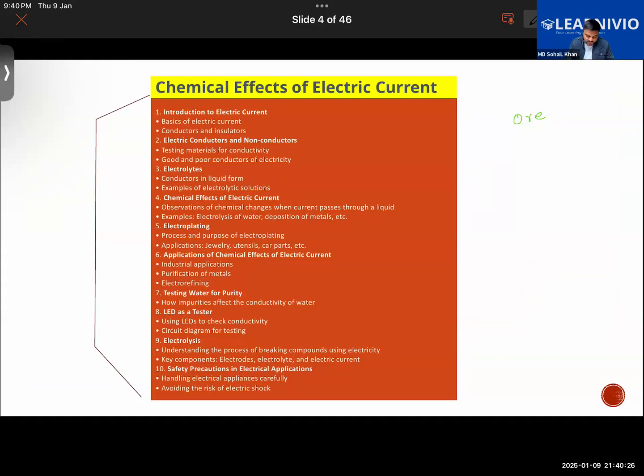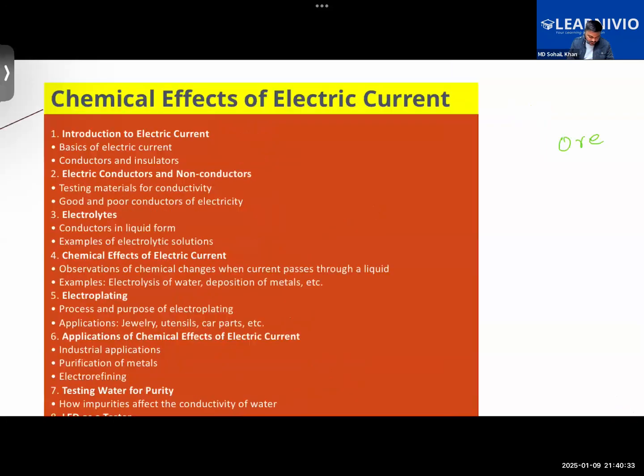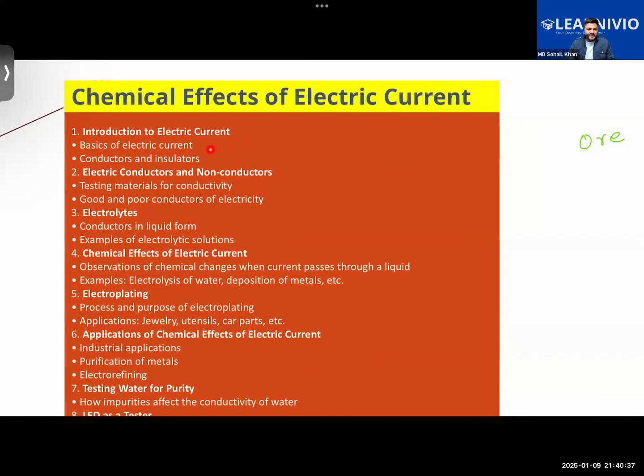So in the chapter, first we will learn a little bit about electric current, like what is the basis of electric current, conductors and insulators. Then how we can test the conductivity of a given material, like whether it is a good conductor or a bad conductor.